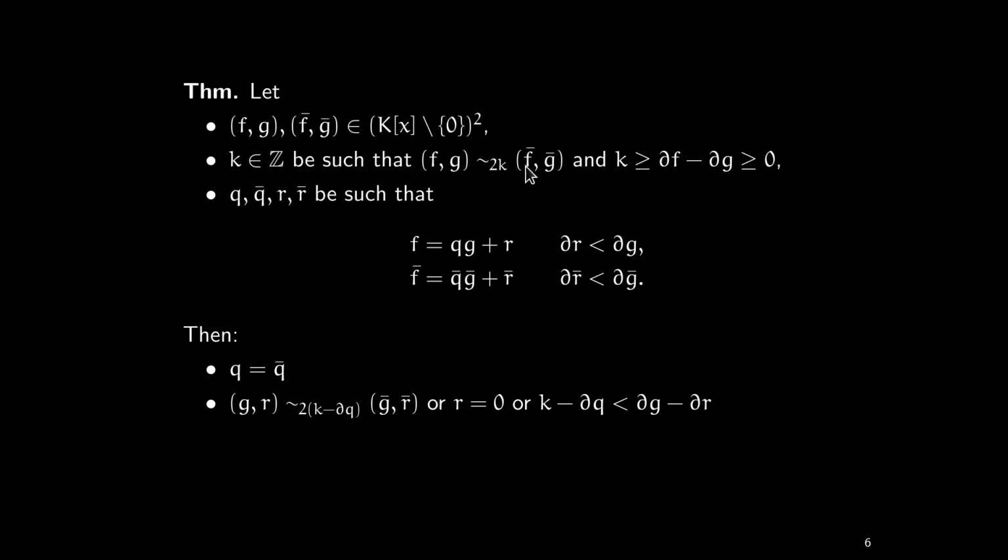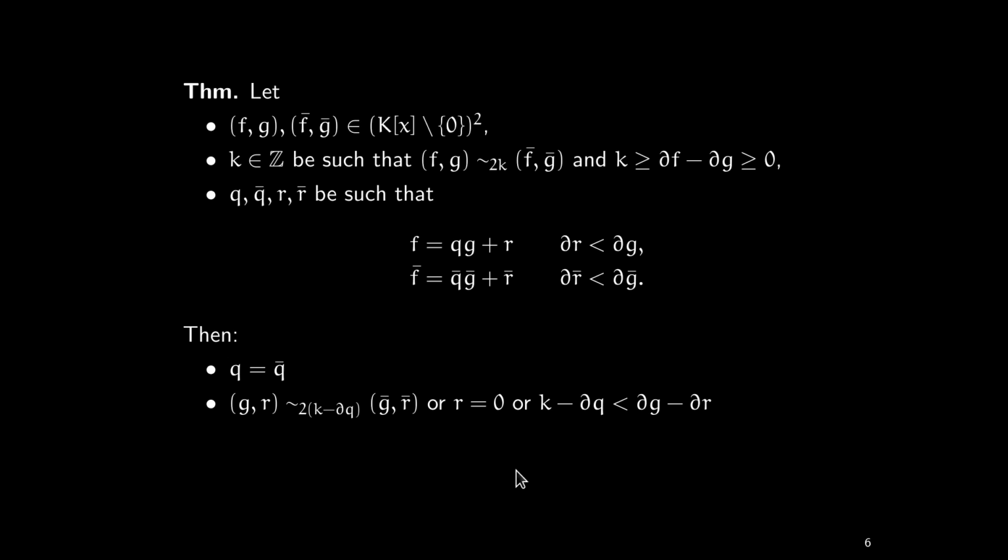First, under these conditions, the quotients agree, and in addition, there are 3 cases: r equals 0, or some inequality about the degrees, or the next pair in the Euclidean algorithm still has a certain amount of coincidence in the top coefficients.